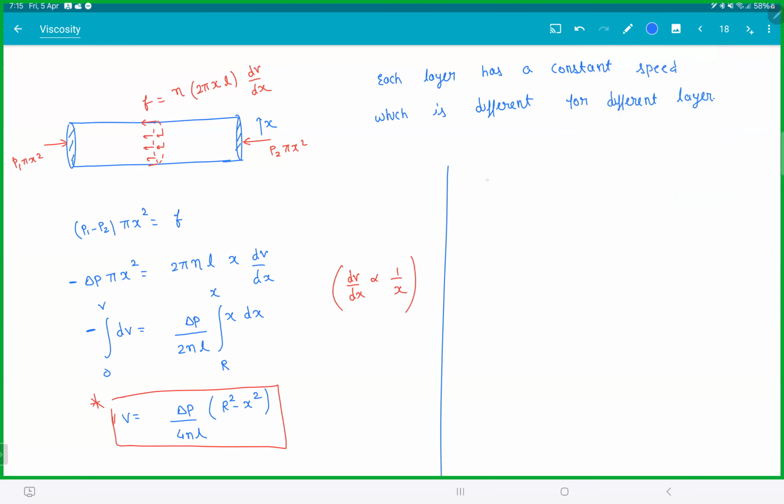What's the second part? You want kinetic energy? So take a thin cylinder with thickness dx. This entire layer is going with v.